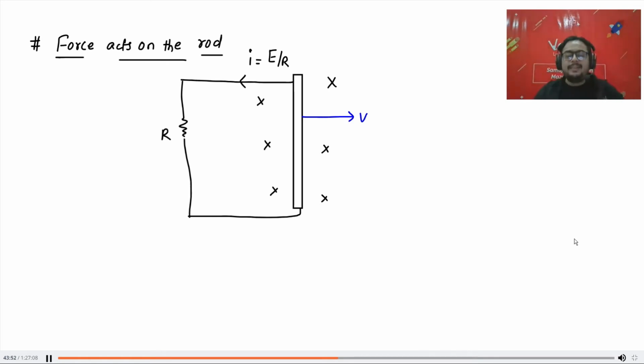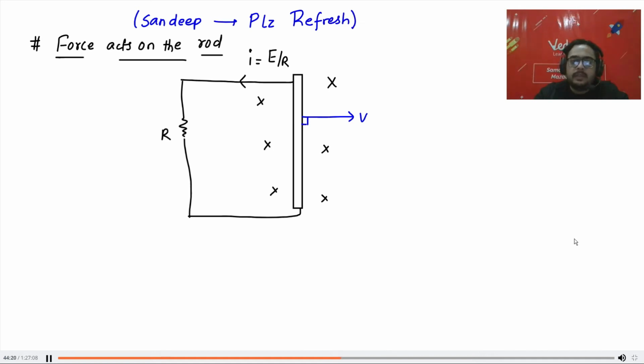So I don't think there should be any network issues from my side. Okay, chalo. I got the salary and I paid it. Voice is not clear. Again, Sandeep is writing the same thing. Sandeep, please refresh. Sandeep ji, please refresh. Okay.